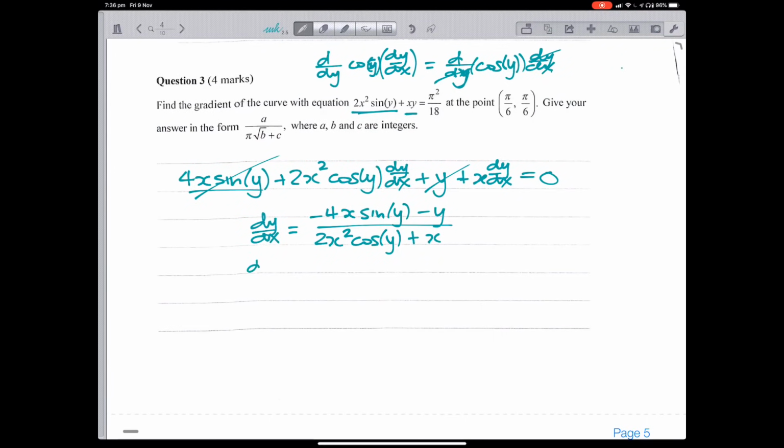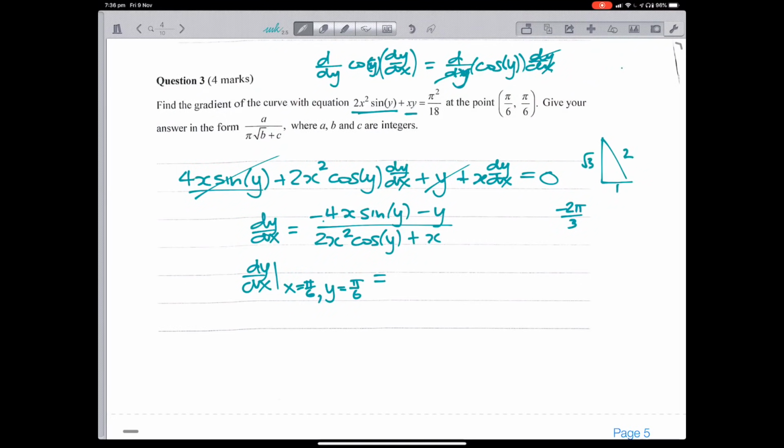Okay, dy/dx, given x is pi on 6 and y is pi on 6, is negative 4 times pi on 6, which is negative 2 pi on 3, times sine of pi on 6.